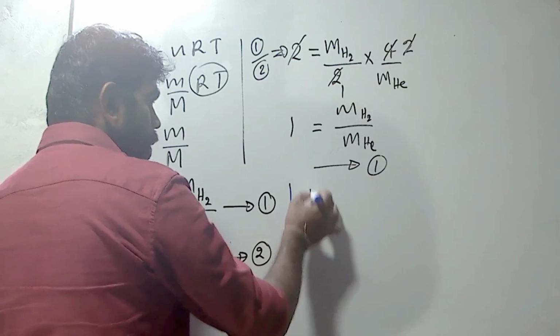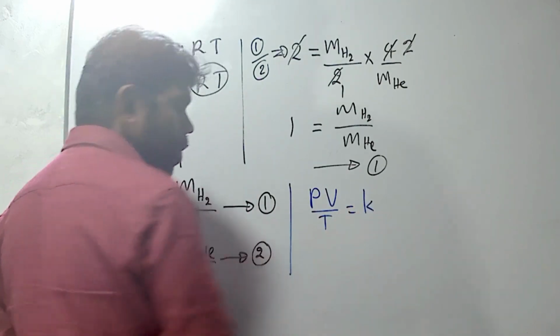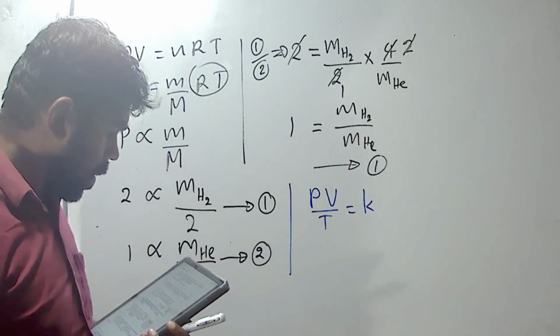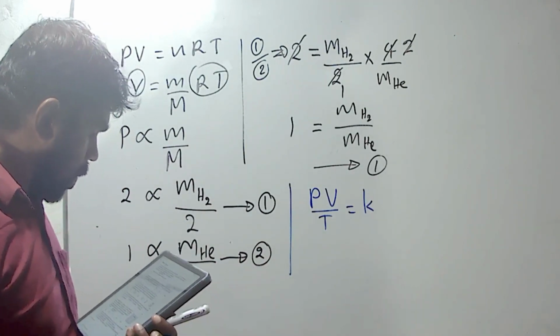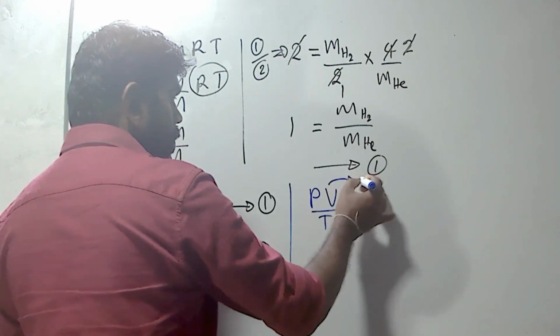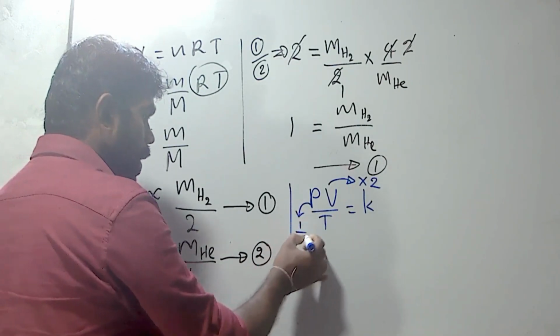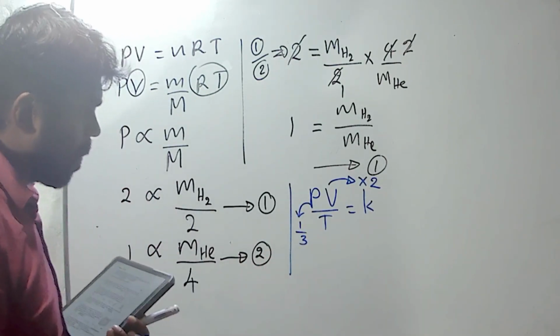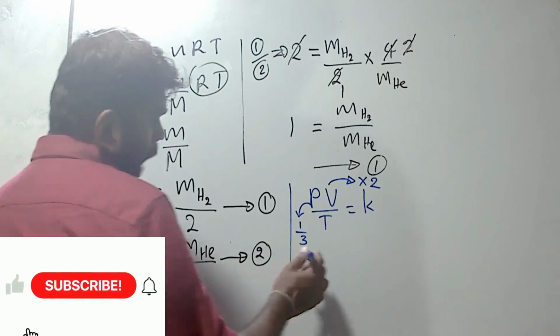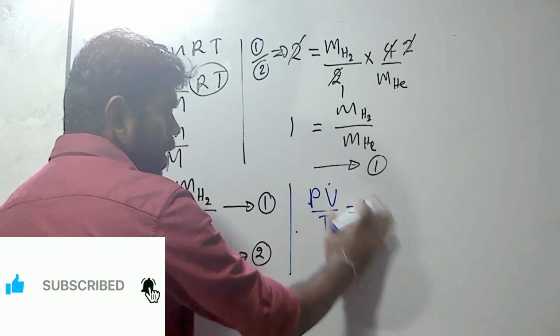Then we know that PV over T is constant. Volume doubles, then volume is 2 times, pressure 1 over 3 times. Then we can use this equation for the given 2 situations.